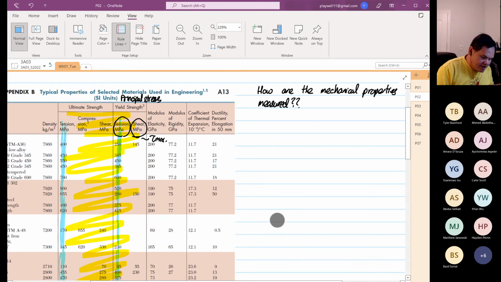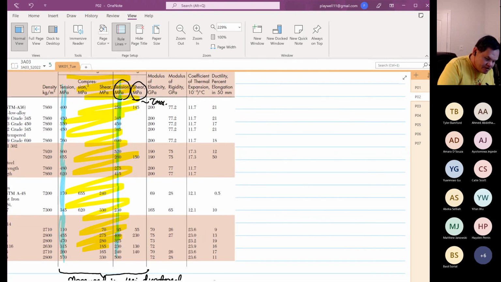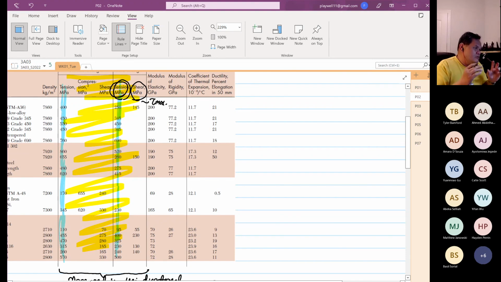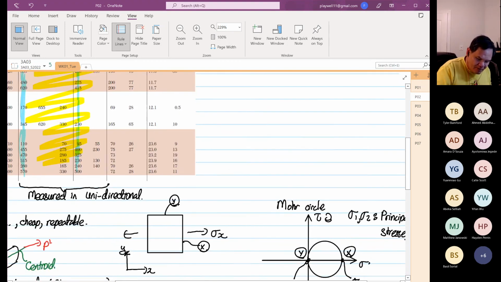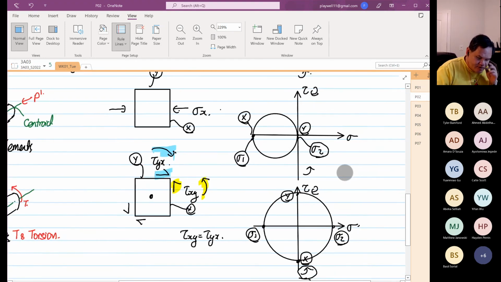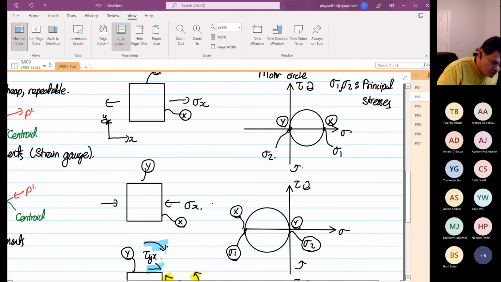So we can see that all this property has been listed, especially in tension, right? They are all in principal stress. And then in shear is your tau max. What do I mean by tau max? If you look at Mohr's circle, where is tau max? So I'm going to draw a horizontal line.